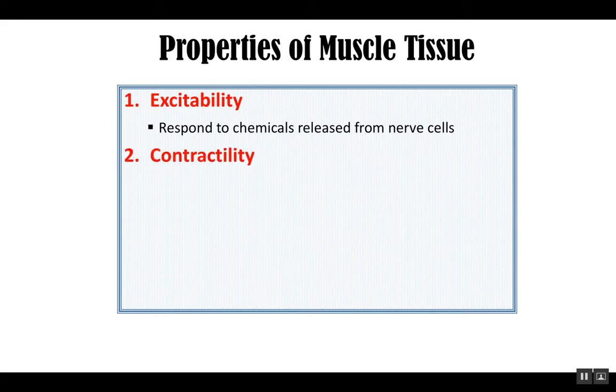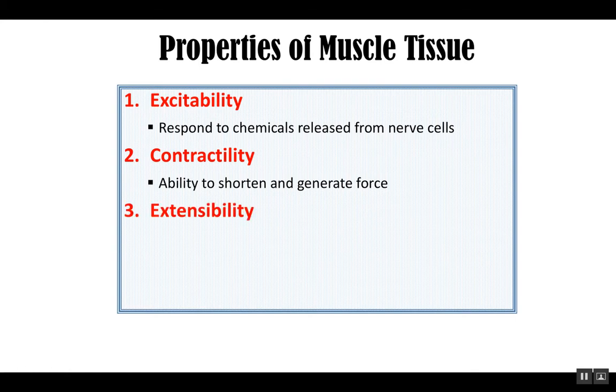Number 2 is contractility. As you can imagine, this is the ability of muscle cells to contract or shorten in order to generate force on whatever that muscle is attached to. Muscles also have to have extensibility.